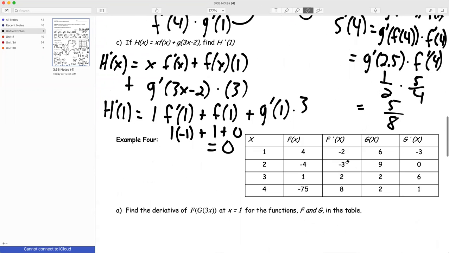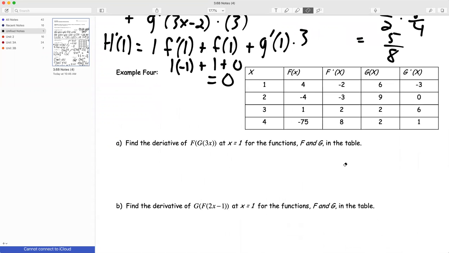Okie dokie. Find the derivative of f of g of 3x at x is equal to 1 for the functions f and g in the table. So here I'm going to use my composite derivative. So that's going to give me f prime, and then the g of 3x comes down.